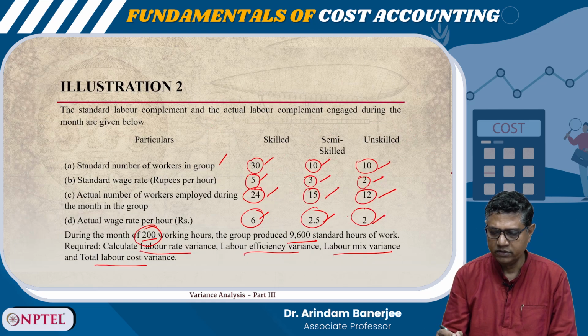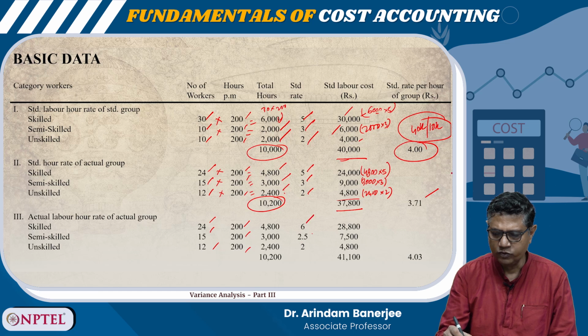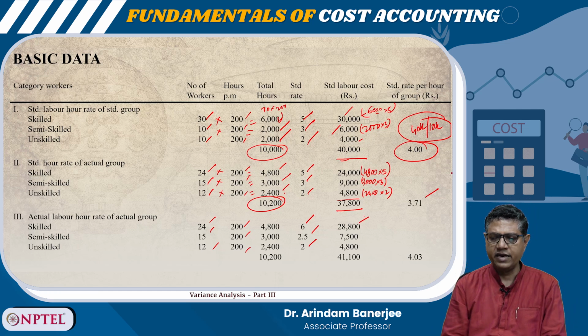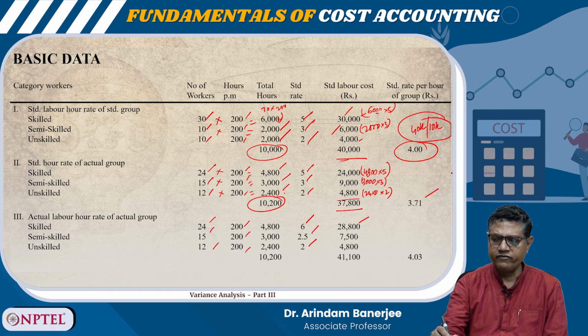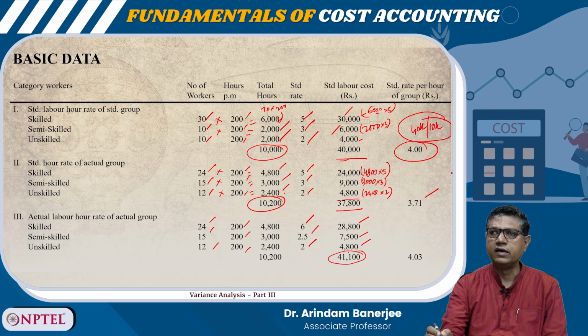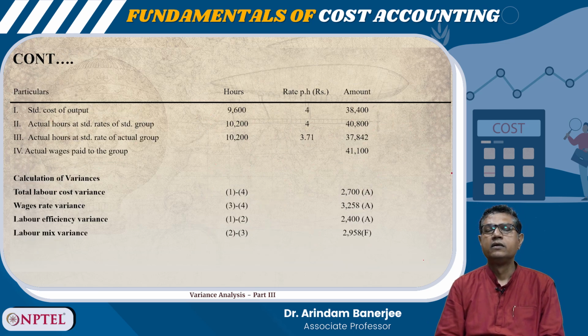If you calculate, 4,800 into 6 is 28,800, 3,000 into 2.5 is 7,500, and 2,400 into 2 is 4,800. If you add, it will come to 41,100.